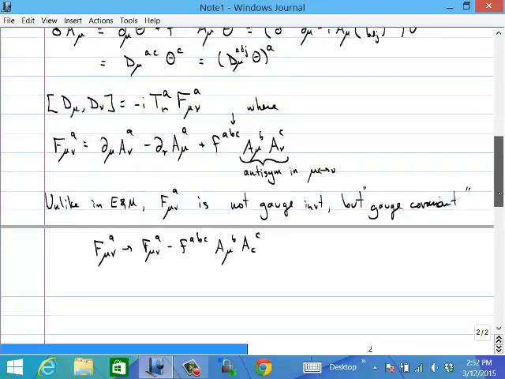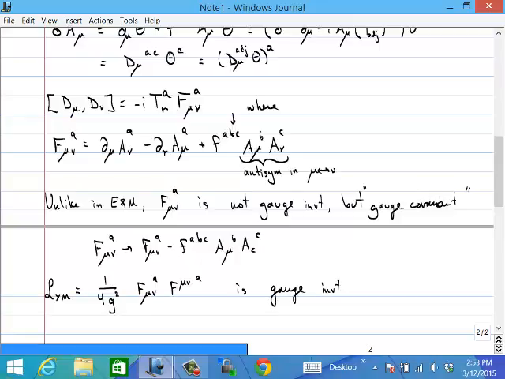And so because of that, if you want to construct an action which is gauge invariant rather than gauge covariant, you need to do something like take the trace. So, for example, the action F_mu nu^A F^mu nu A is gauge invariant. And of course, it's also Lorentz invariant because we've contracted those mu and nu indices together.